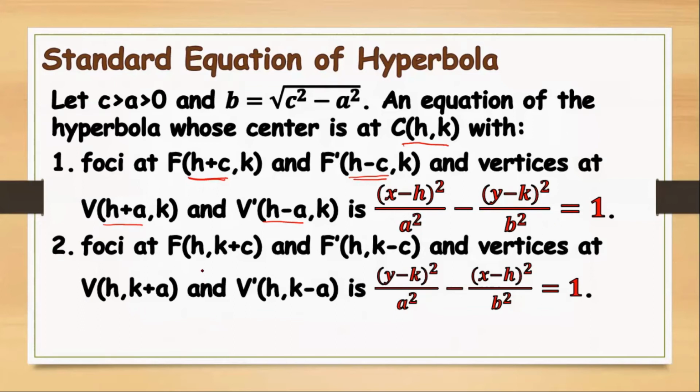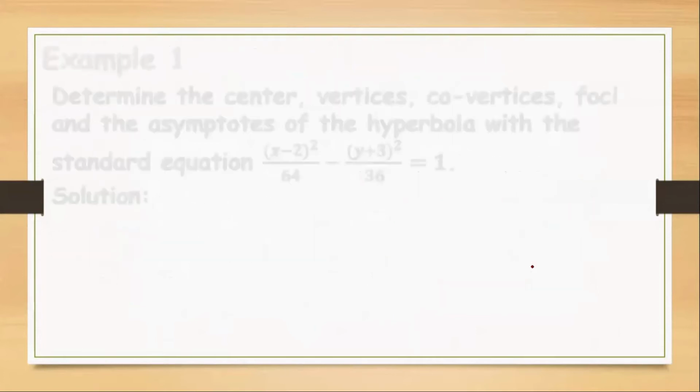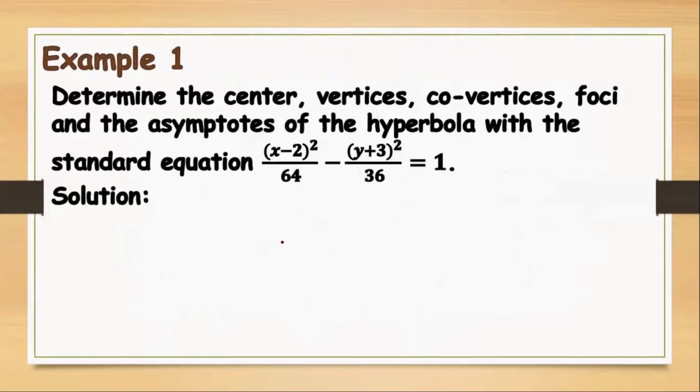And also, if the foci change in y and the vertices also change in y, then the equation of our hyperbola is (y minus k) quantity squared over a squared minus (x minus h) quantity squared over b squared equals 1. Let's have here the example.